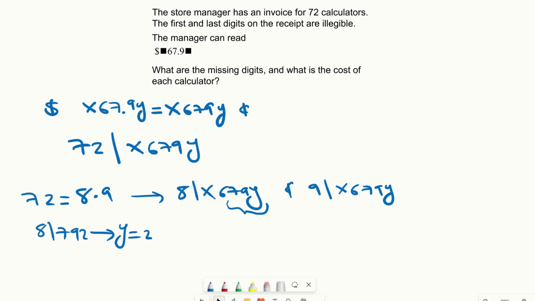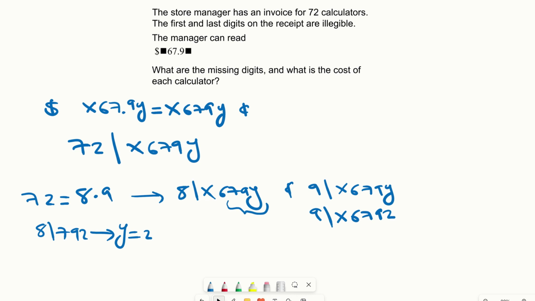All right, so we're getting a little bit closer, right? So we took care of this part, so we know that 9 must go into x679. Now we can go ahead and write down what we know y has to be, which is 2.